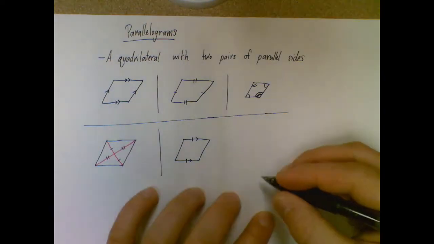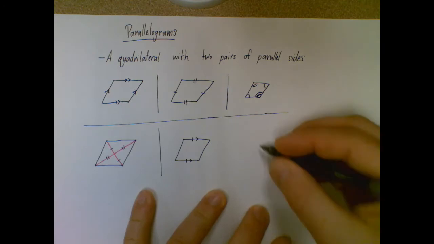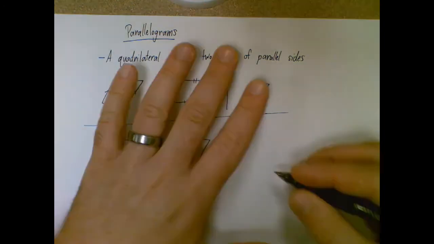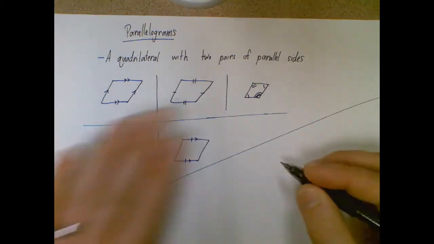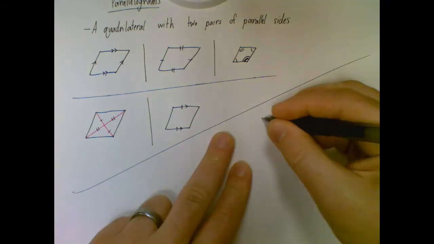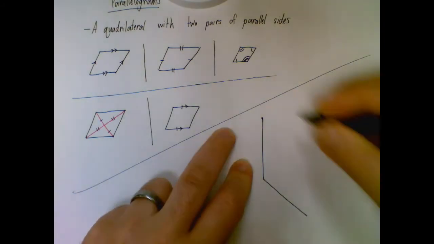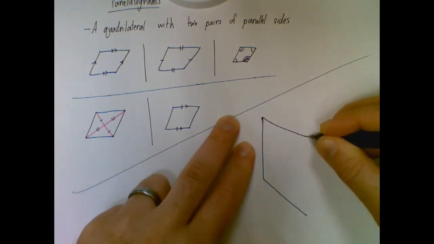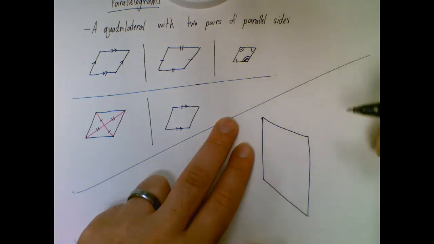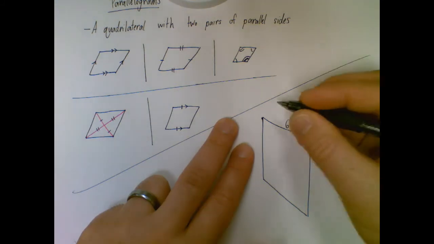Okay. So let's say I have, let's rotate this so we don't think they're all the same every single time. Let's take one that looks like this. That does not look very parallel, but you get the idea. So I'm telling you it is parallel, so I have that.